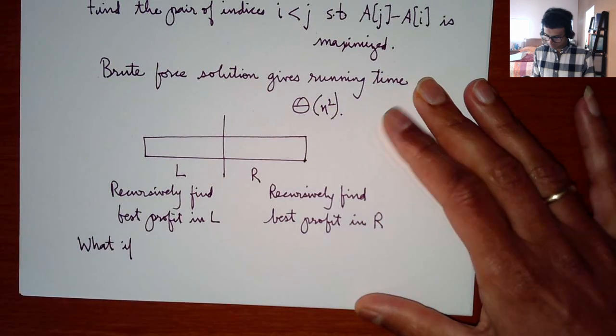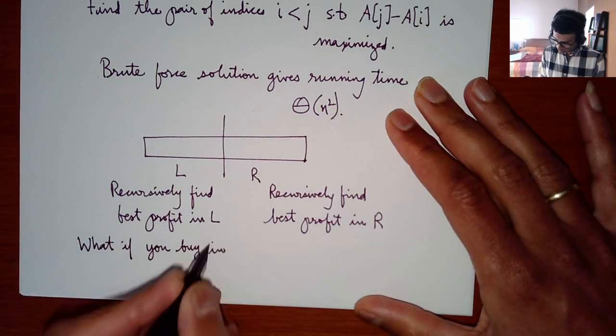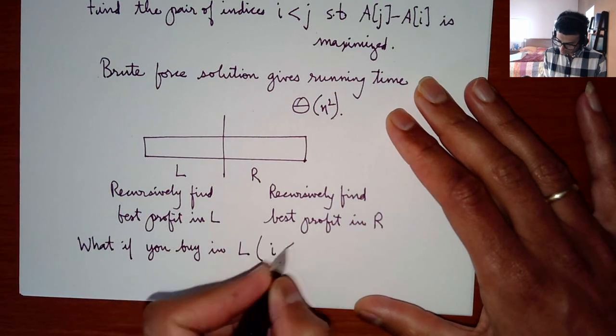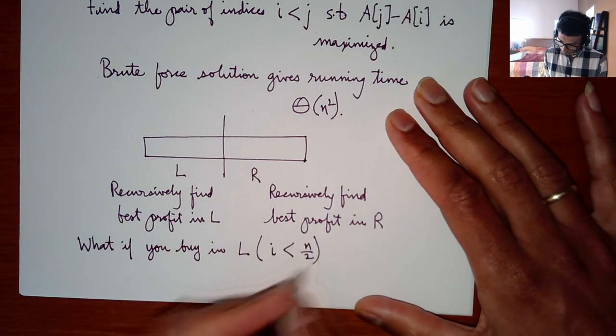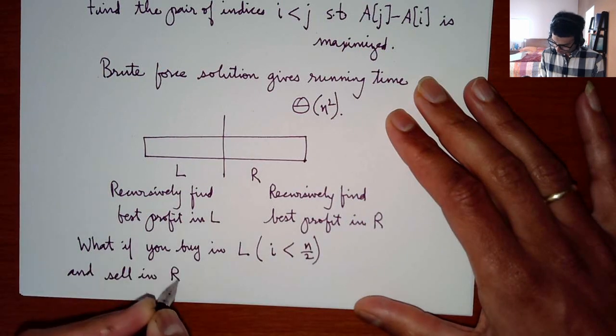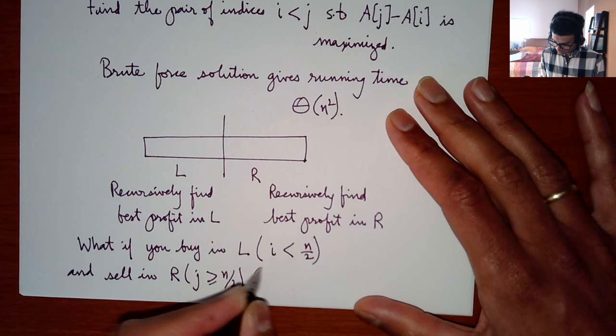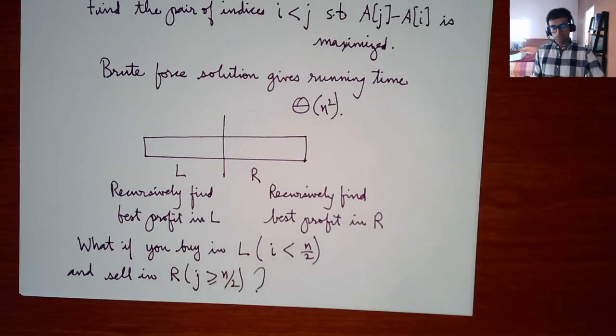What if you buy in L, meaning that i is less than n over 2, and sell in R, which is j greater than or equal to n over 2? How are you going to solve this? It turns out this can be determined in linear time.